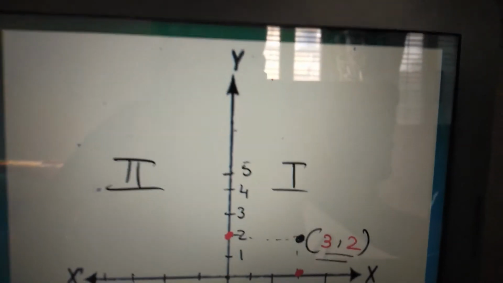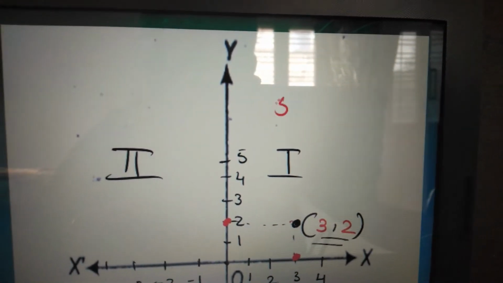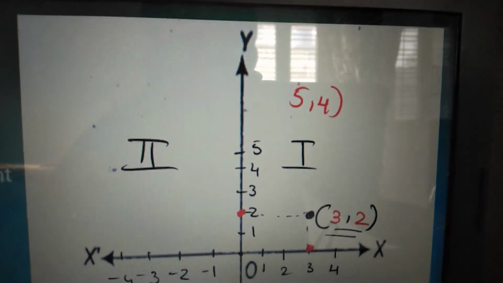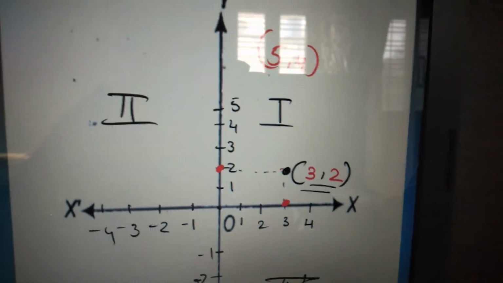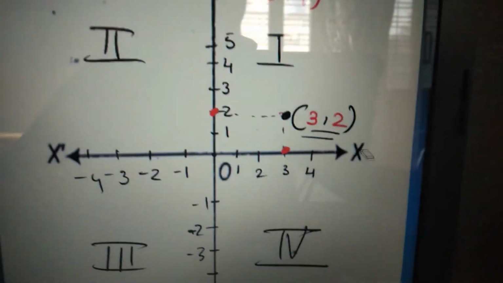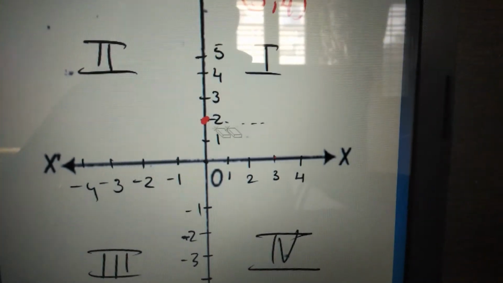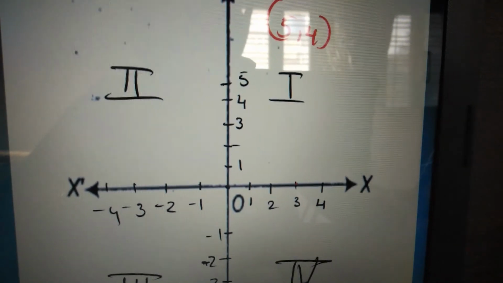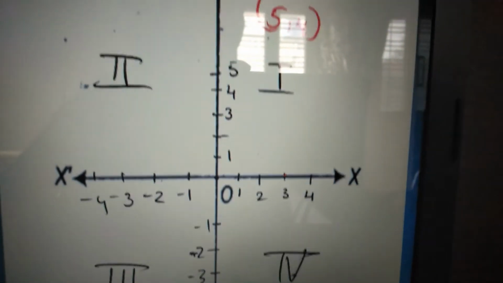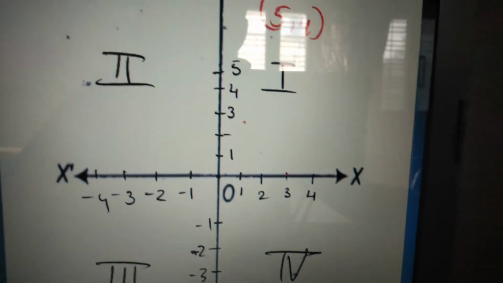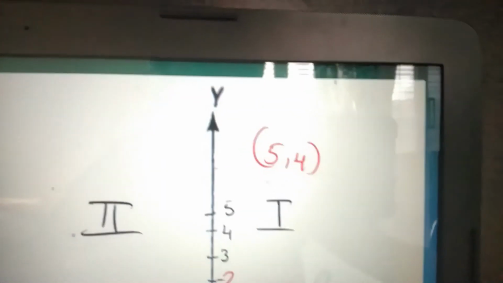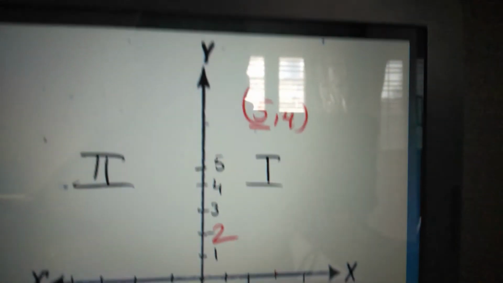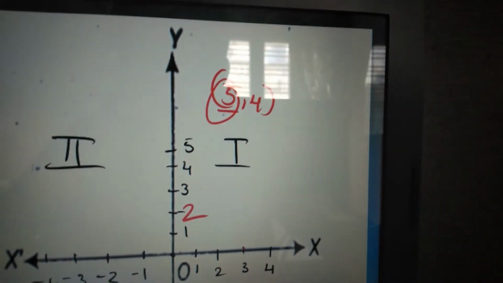Now suppose you have a question where you have to plot 5 comma 4 on the graph sheet. Now let's see how to plot this. Looking at this coordinate, you must have understood that the very first coordinate is the x coordinate, meaning this first number will lie on the x axis, right?